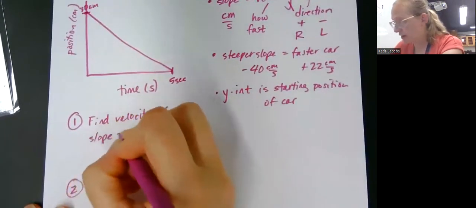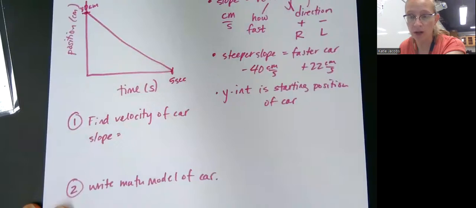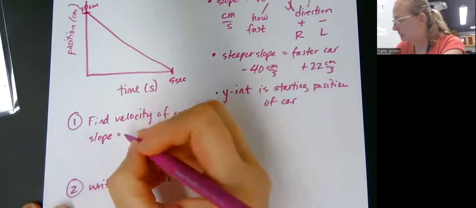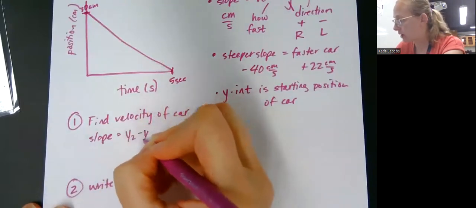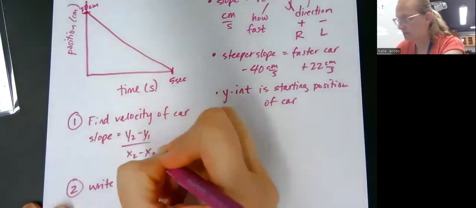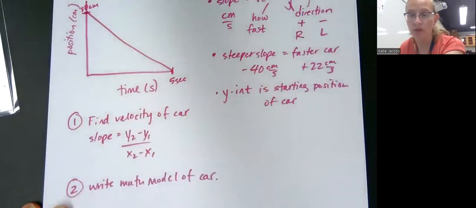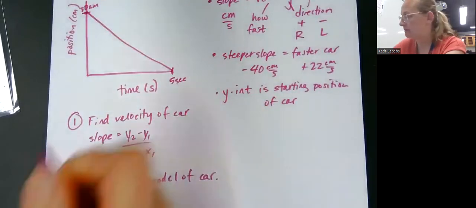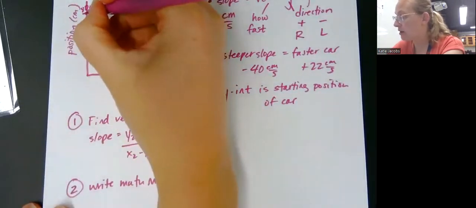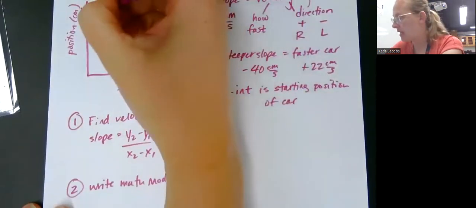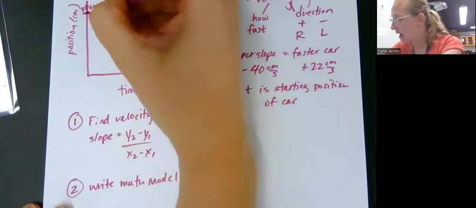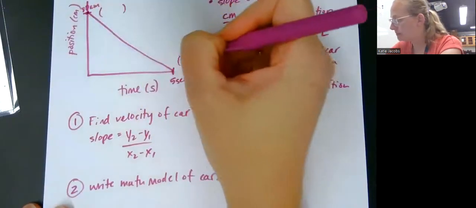Now there's different ways to find slope. You can do rise over run. You can do y2 minus y1 over x2 minus x1. It's important to be careful while you're finding slope. I'm going to do it in this format, and I'm going to write out the 2 different coordinates here.